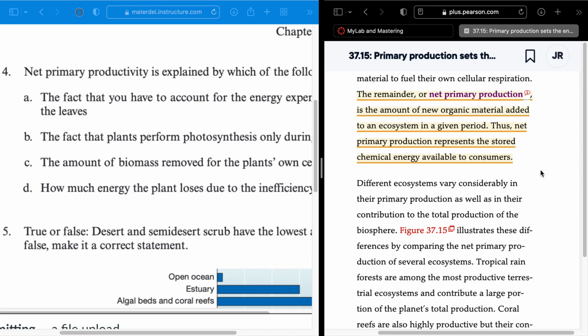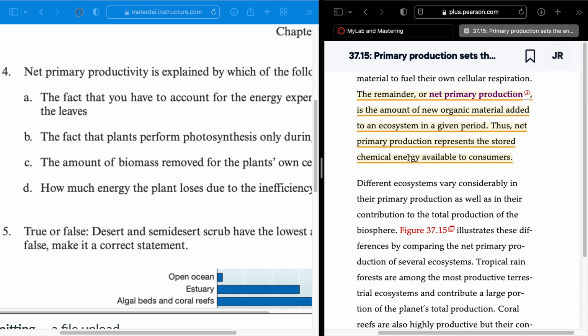You can see that key terms are really important. If you don't know what net primary productivity is and you're reading that question, you're lost right there at the very beginning. And then you look at the answer choices, biomass, so you don't know what that is. And so vocabulary is really important. If you don't know that, then you struggle. Like if I was going into a French class and I didn't practice my French definitions, I would be really in trouble.